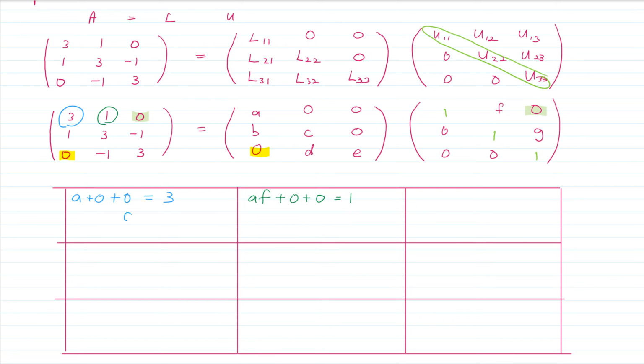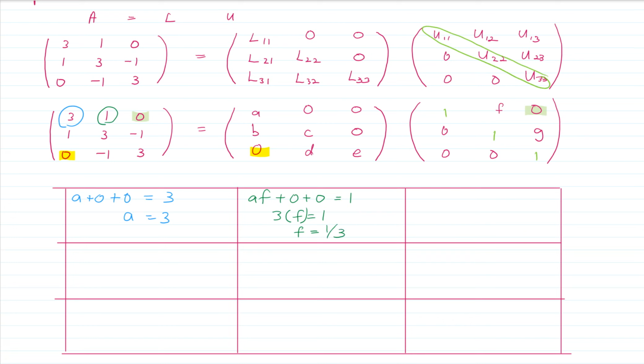Actually here A is 3, so we replace A with 3. 3 times F equals 1. So we get F equals 1 over 3.